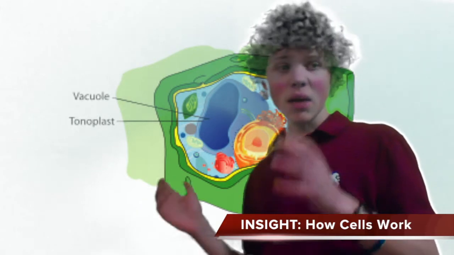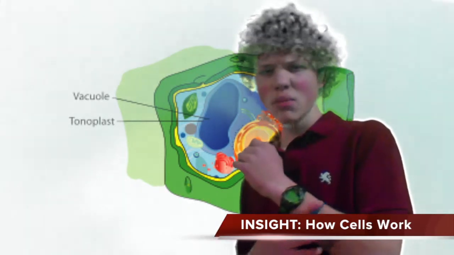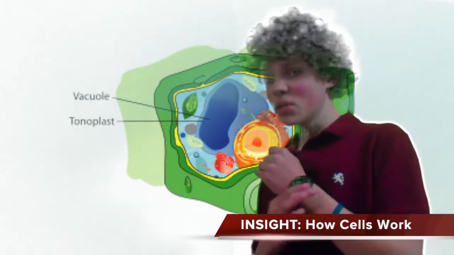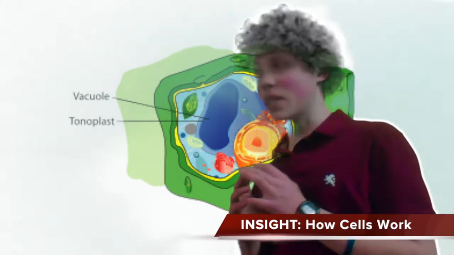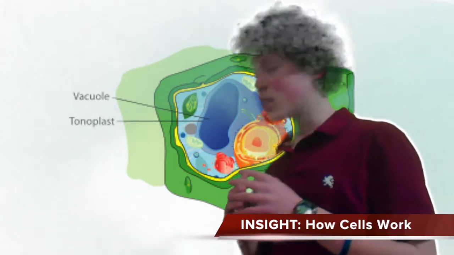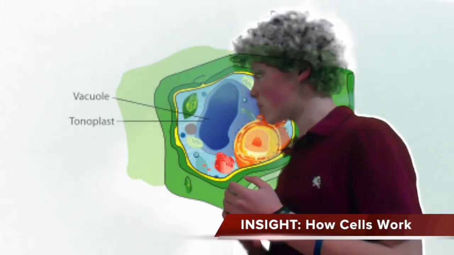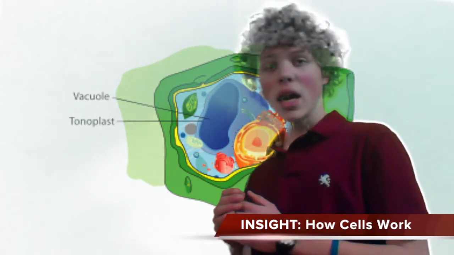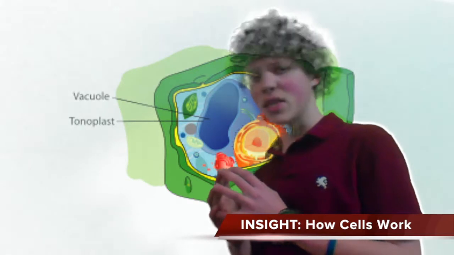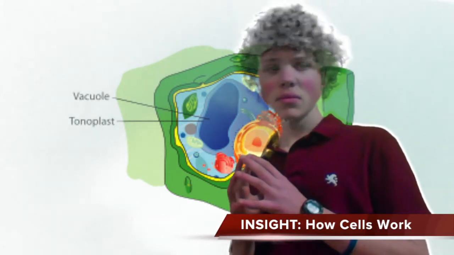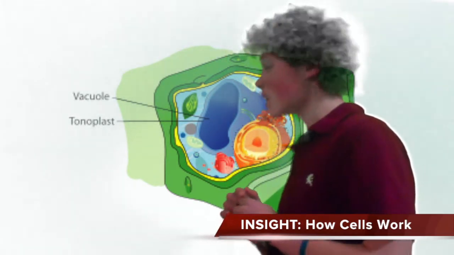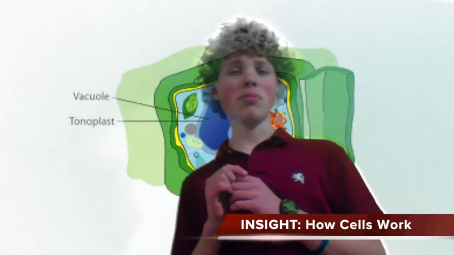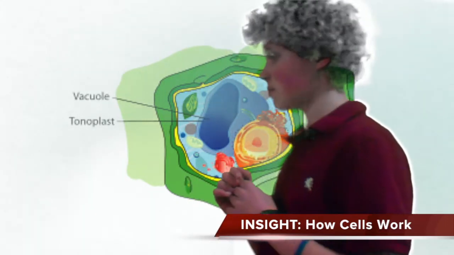It's basically a membrane, and it's a double layer of phospholipids, which, if you'll recall, is the same substance that the cell membrane was made out of. So, as membranes go, it's very strong, and it keeps everything required for the cell inside it. And that about wraps it up for the large central vacuole and tonoplast of the plant cell.